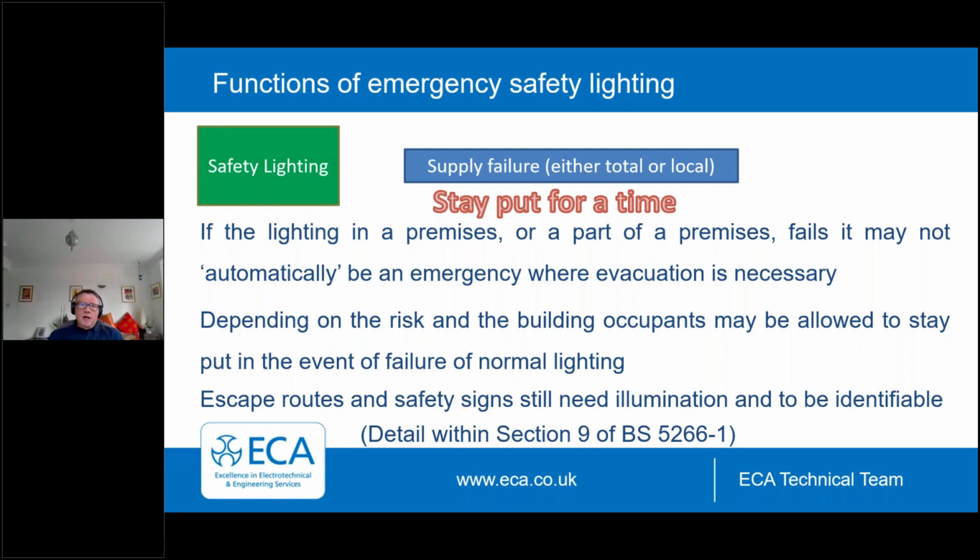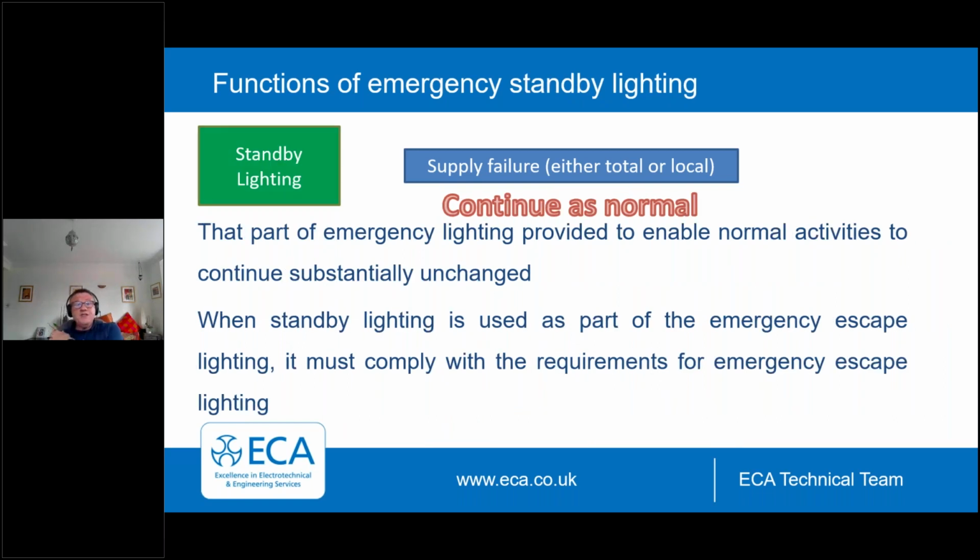And the final one is considered to be standby lighting, continue as normal, that part of the emergency lighting provided to enable normal activities just to continue. And again, similar situation, must comply with the requirements of emergency escape lighting. It probably will do, given that its normal lighting conditions are going to apply.